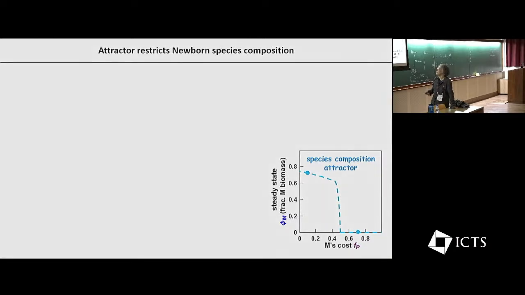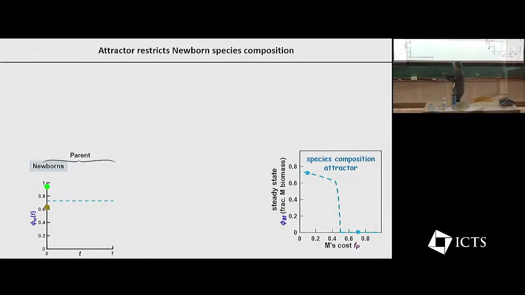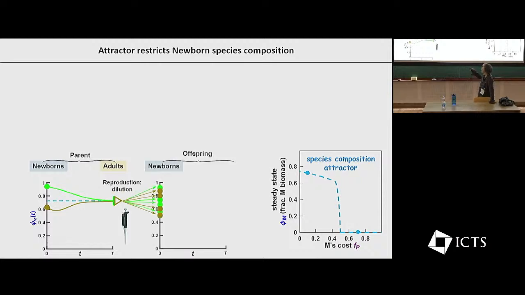But what happens here is that suppose initially the parent newborns start with different compositions. But because of this attractor, it will go to this value. And then you will do pipetting, and then the offspring has variations. But the average is this orange, the brown line, right?